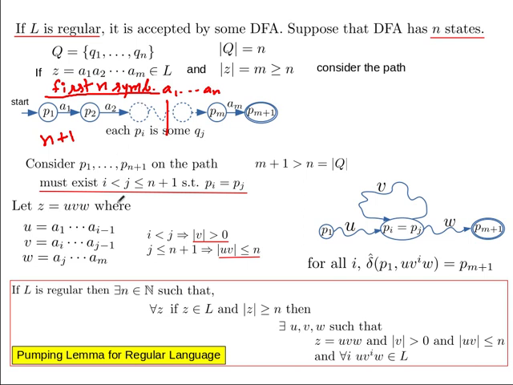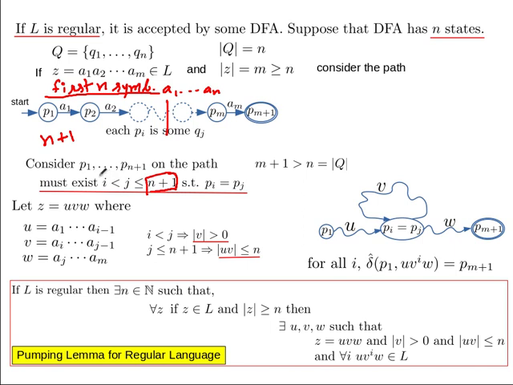So that means there should be some i and j, both within this part, so they are less than or equal to n plus 1, because the last one is n plus 1 here, such that Pi is equal to Pj.